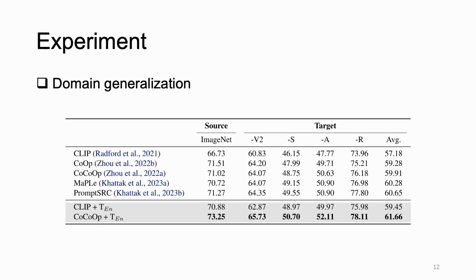We leverage ImageNet and its variants for these experiments. We train the model on ImageNet and then test it on different variants like ImageNet V2, ImageNet Sketch, ImageNet A, and ImageNet R. So we can see the performance. Our method can achieve new state-of-the-art performance.